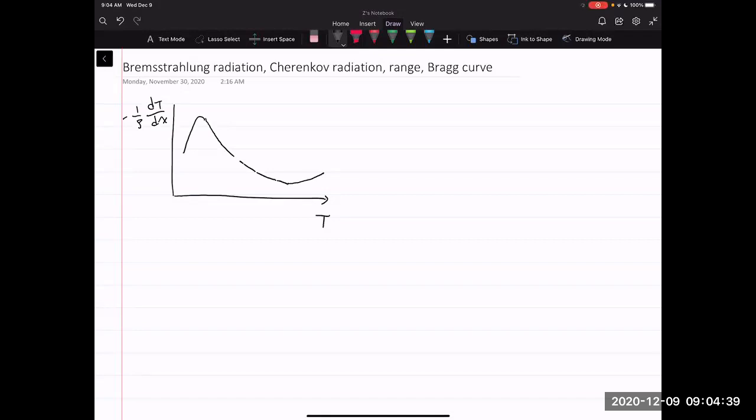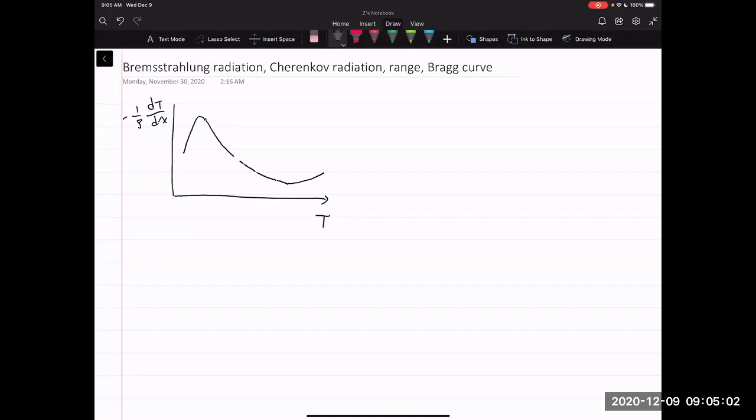This stopping power is related to the ionization process of the material. During this process, energy is transferred from the charged particle to the electrons, and the electrons get kicked out of the atom, so the material becomes ionized.